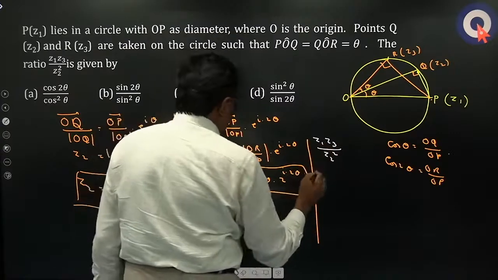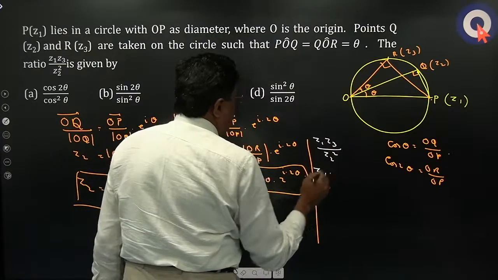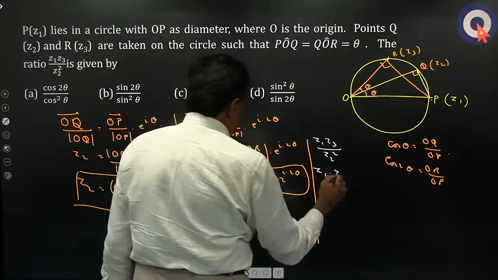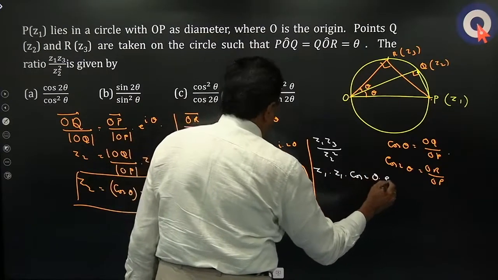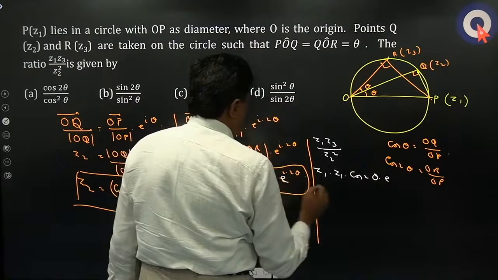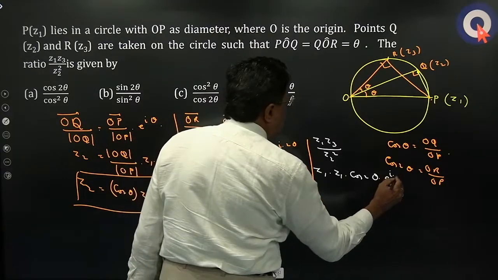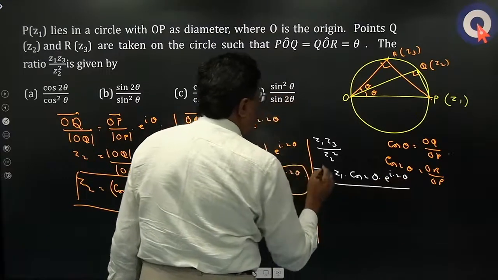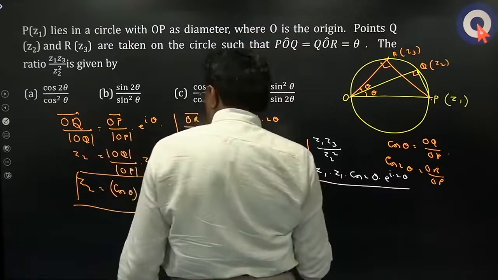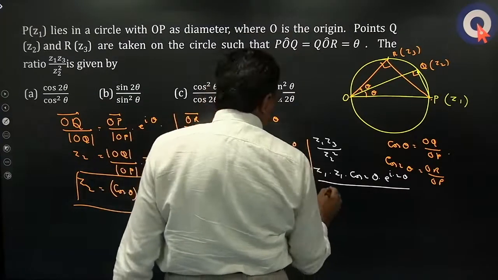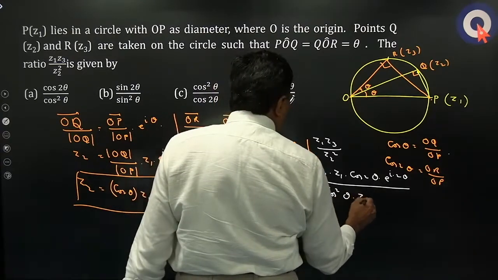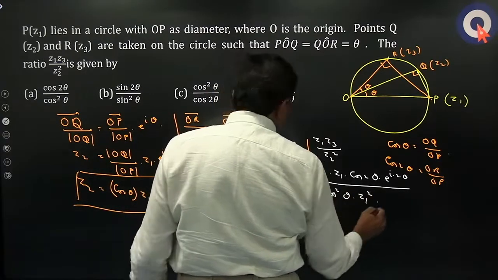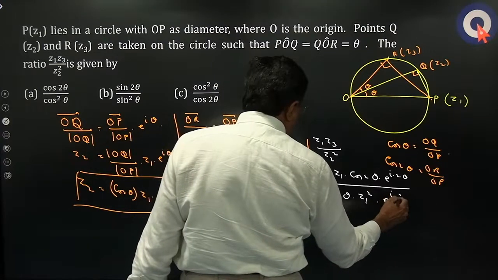So Z3 is Z1 cos 2 theta e power i 2 theta, by Z2 square, which is cos square theta Z1 square e power i theta whole square, e power i 2 theta.